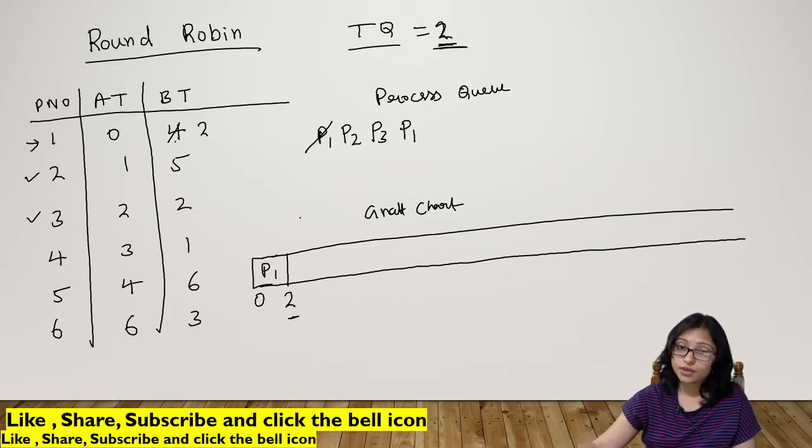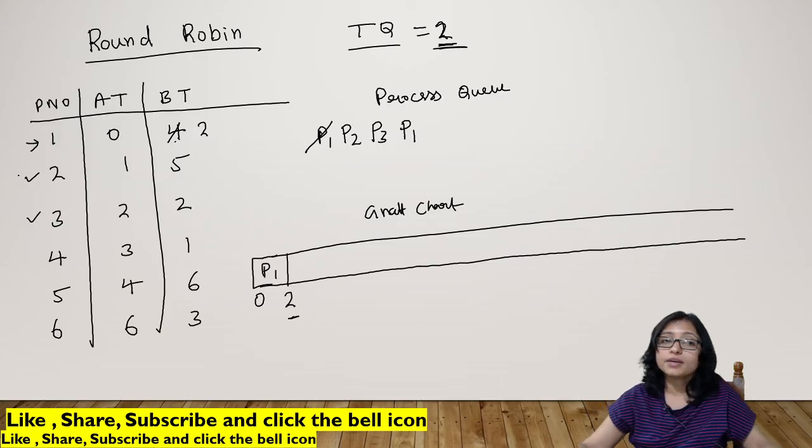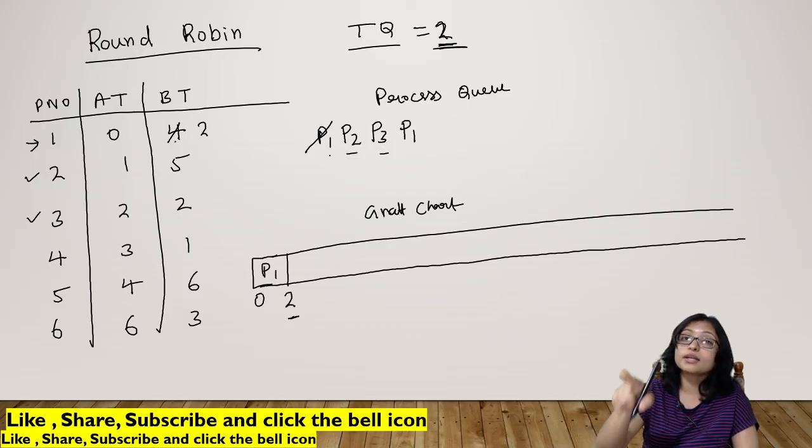When it is coming out, the time is 2 p.m. So who arrived? Already P2 and P3 arrived. That's why write down P2 and P3 here, and as P1 is not completed, till now P1 needs more.